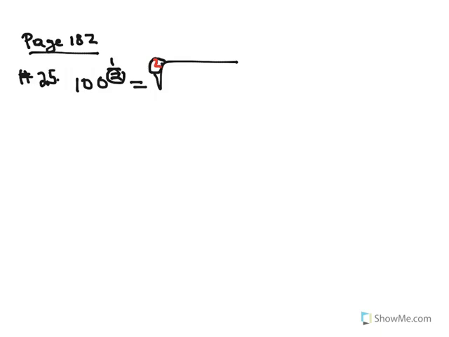This 1 that is green is going to be the exponent of my base, and the base is 100. So I have the square root of 100 to the 1, which is 100, and that equals 10.